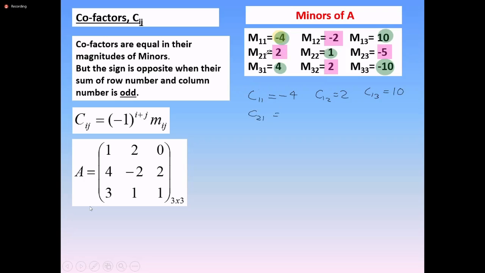M21 is here too, then C21 is -2. So here it changes the sign. M22, C22 then is same as the minor value, then 1. C23. See, it is not in a diagonal position, then it is -5, then it is +5.